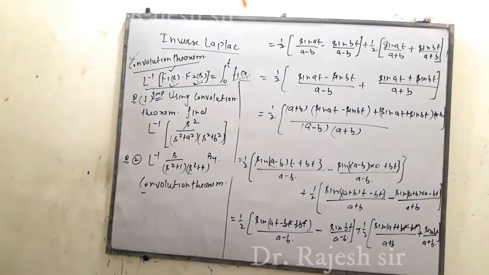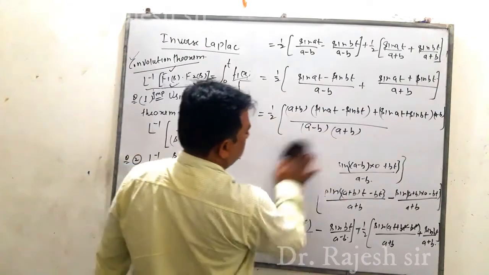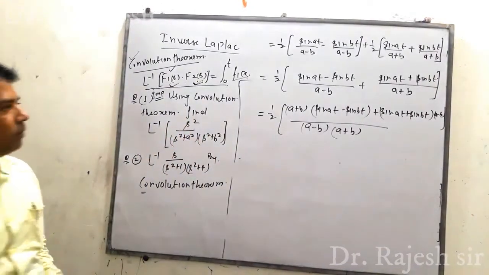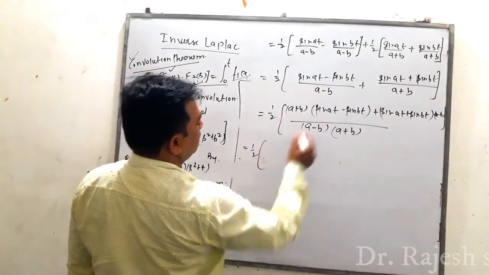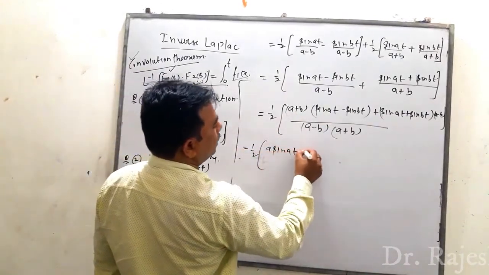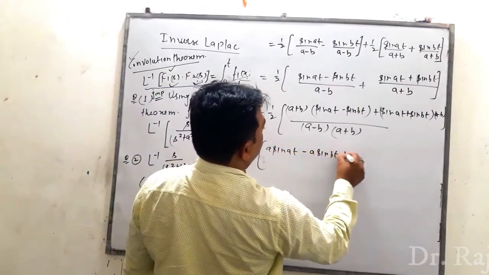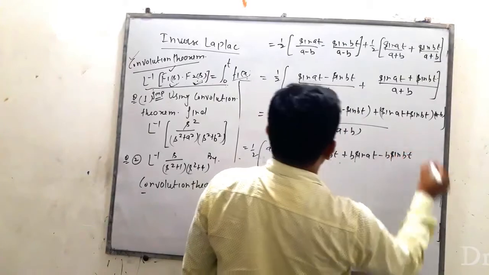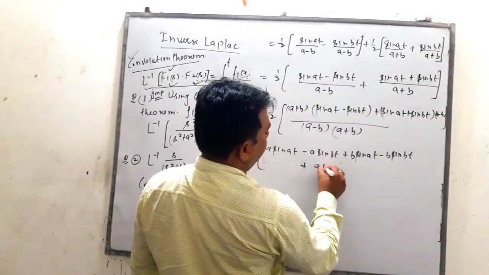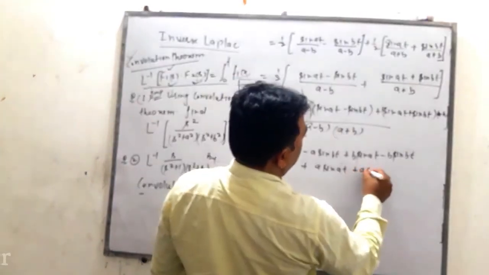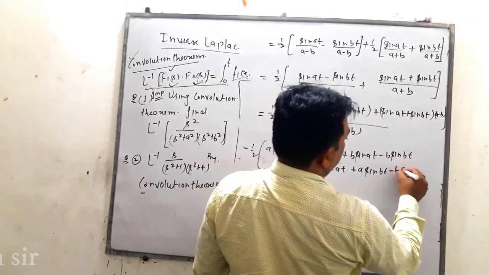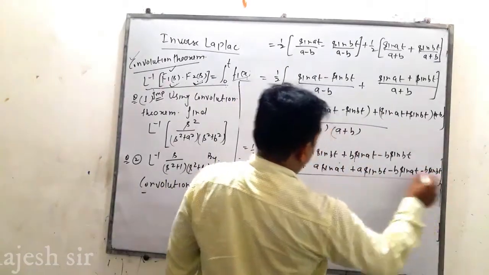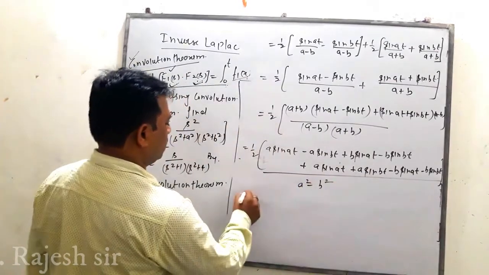We multiply by a sin at minus a sin of bt plus b sin of at minus b sin of bt, and plus now multiply by a sin of at plus a sin of bt minus b sin of at minus b sin of bt, divided by a square minus b square.